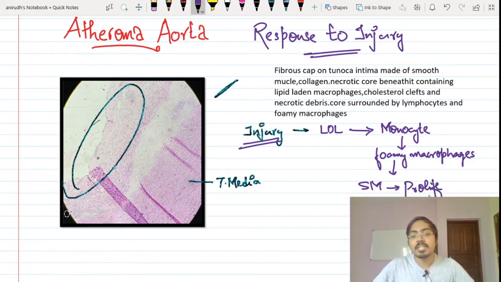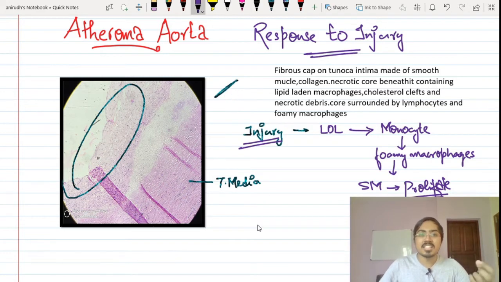So we had an injury, and LDL and its oxidized form came to that area, then platelets and monocytes came to that area, monocyte transforms into macrophages, and this macrophage becomes foamy macrophages, and that eventually leads to the recruitment of smooth muscles to that area. Smooth muscles will proliferate in this particular area. This forms an atheromatous plaque. So initially you will get something called a fatty streak. A 1 centimeter long yellowish discoloration can be seen whenever you have an aorta when it is opened.